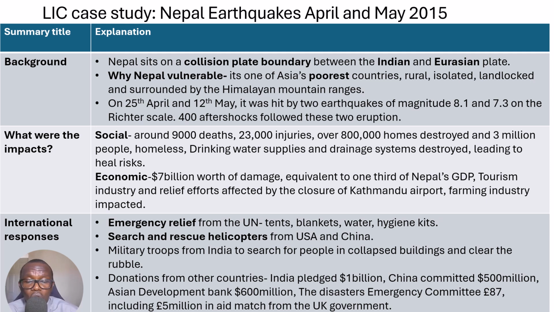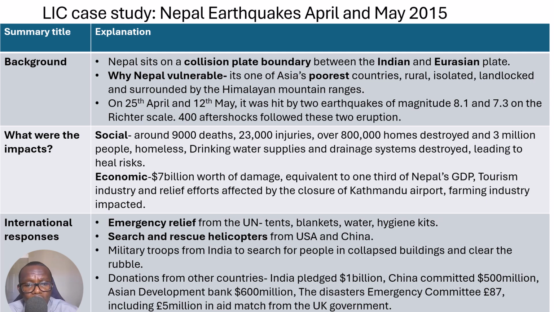Then in terms of accessibility, that could be a problem as well, because it's difficult to reach those areas in case there is an earthquake. So relief efforts would be hindered by poor accessibility.